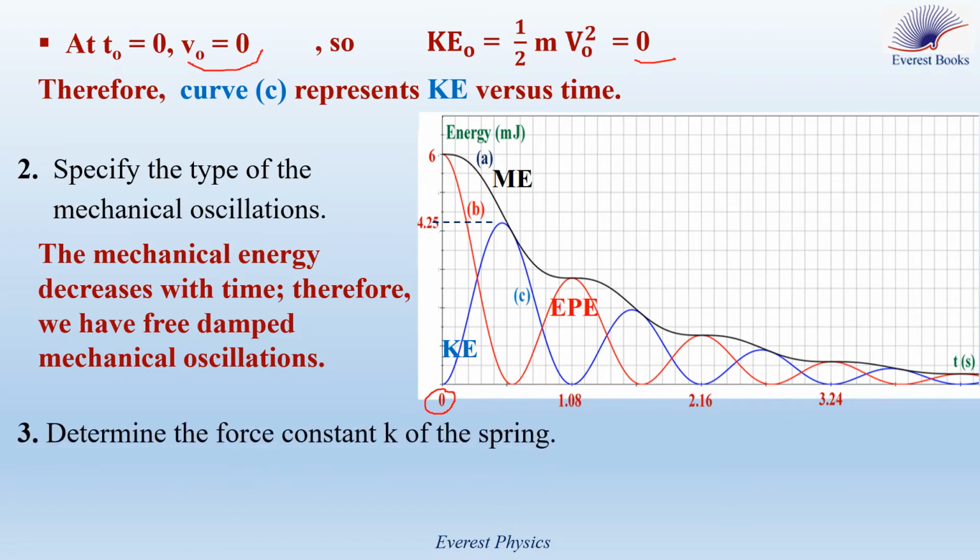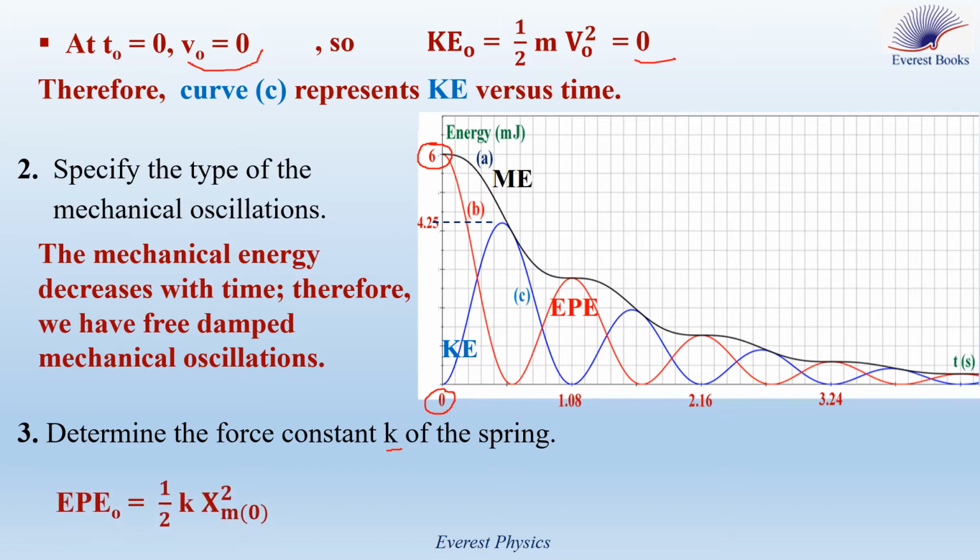3. Determine the force constant k of the spring. The graph shows that at t0 equal to 0, the elastic potential energy stored in the spring is equal to 6 millijoules. And we know that the initial abscissa or the elongation of the spring at t0 equal to 0 is equal to xm0, which is 10 centimeters.